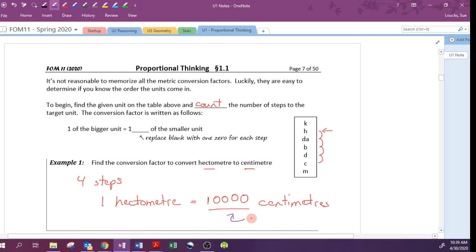And there are four zeros. That's the key, because there were 4 steps. Don't forget to include the base unit. If you don't have the base unit in your list, it won't work. And there's a little bit more practice for you. And then come back for the last lesson.